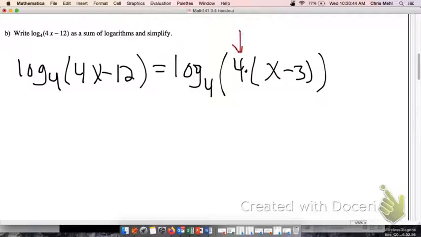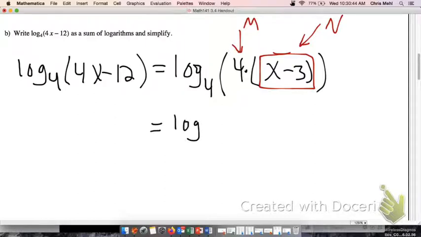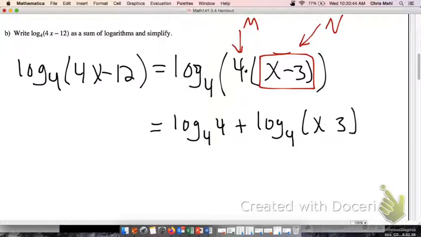Okay, the 4, I'm thinking of that as the capital M, and the x minus 3 I'm thinking of as the capital N. So this would equal, if I use the product to sum identity, log base 4 of 4 plus log base 4 of x minus 3.